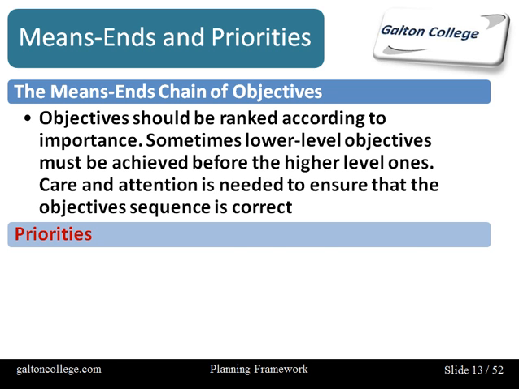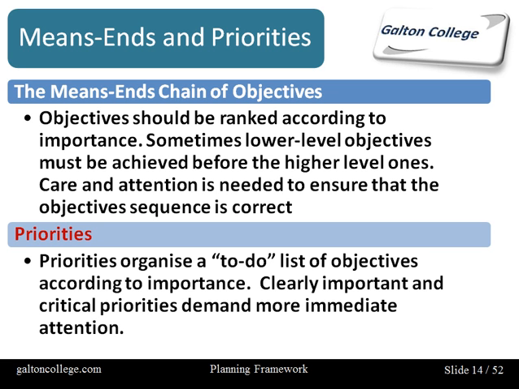So, in terms of priorities, well, priorities organize a to-do list of objectives according to importance. Clearly, important and critical priorities demand more and immediate attention. But we can see priorities as it's like a to-do list, what needs to be done. And they can be ranked. So let's say priority number one is to do this first.